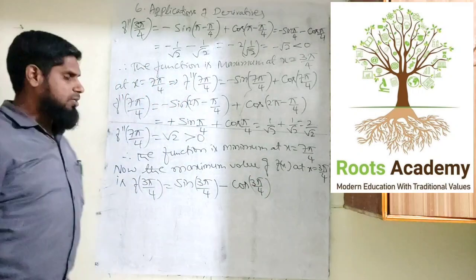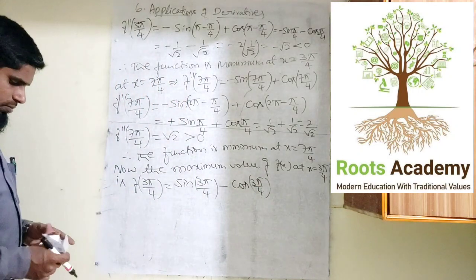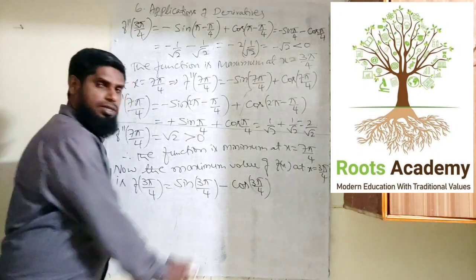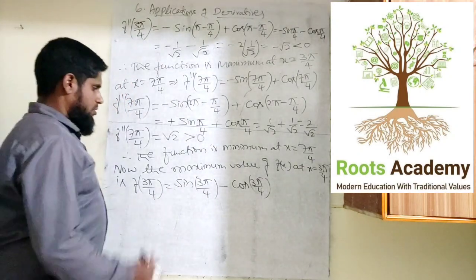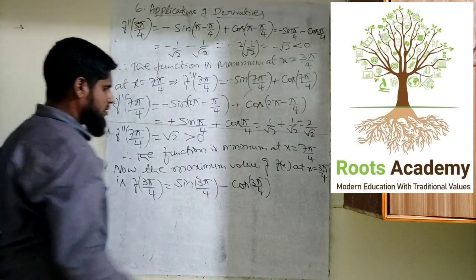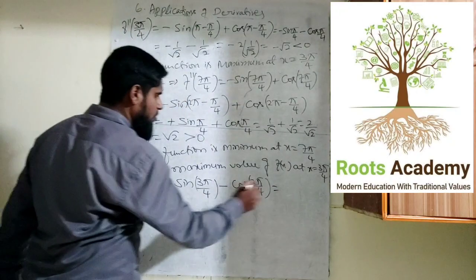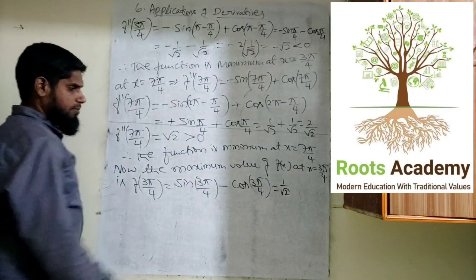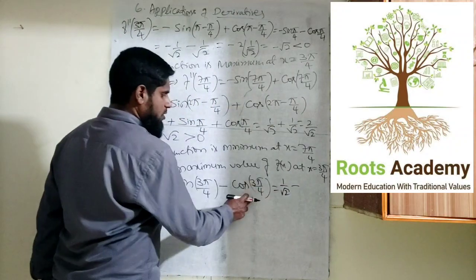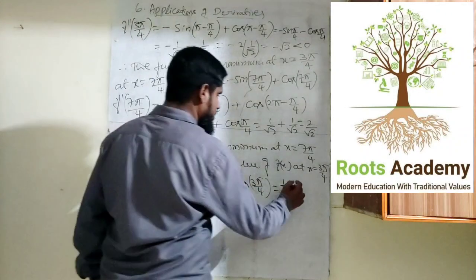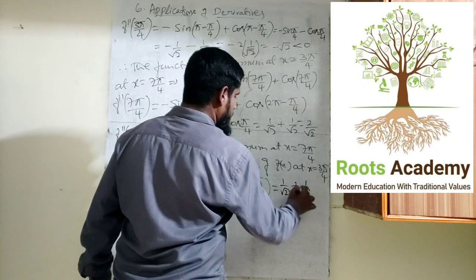Sin x minus cos x is the function, so at x I substituted 3 pi by 4. Now we saw that, since it is the second quadrant, sin is positive, 1 by root 2, and cos is negative in the second quadrant, minus into minus it is plus 1 by root 2.